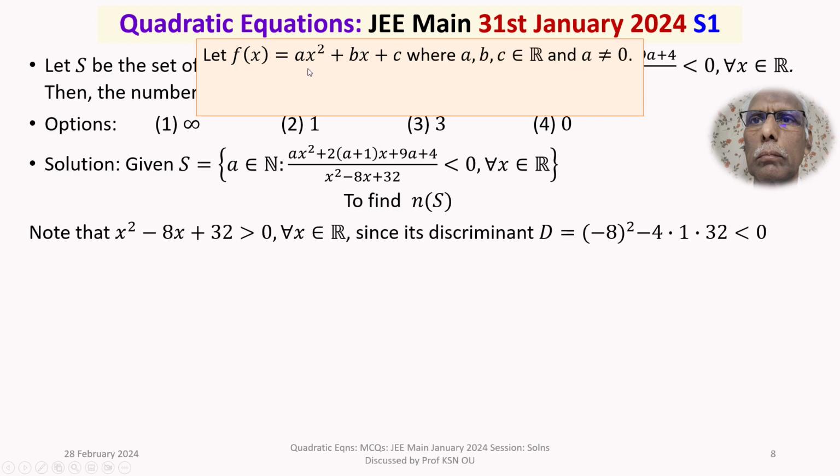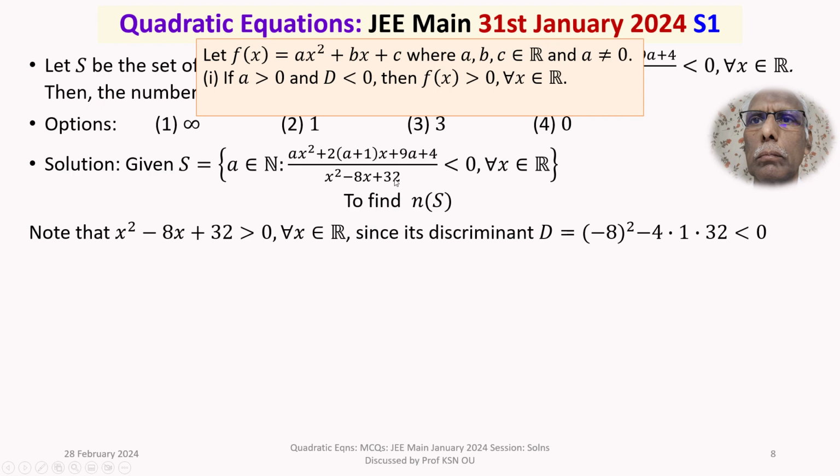Let f of x is equal to ax square plus bx plus c, where a, b, c are real numbers and a not equal to 0. If a greater than 0, that means the leading coefficient is greater than 0, and its discriminant b square minus 4ac is negative, then f of x will be always positive for all values of x belongs to R. So that's precisely what has happened here.